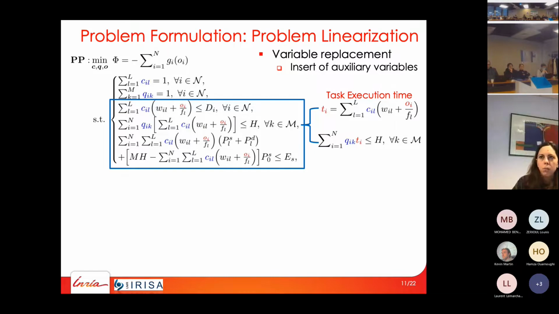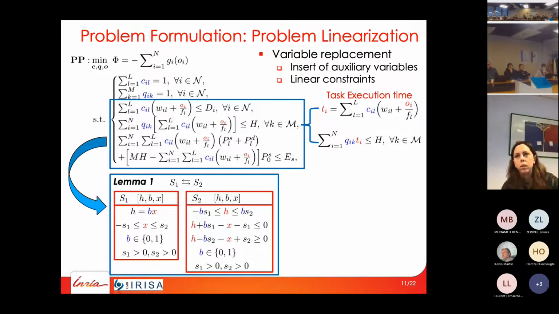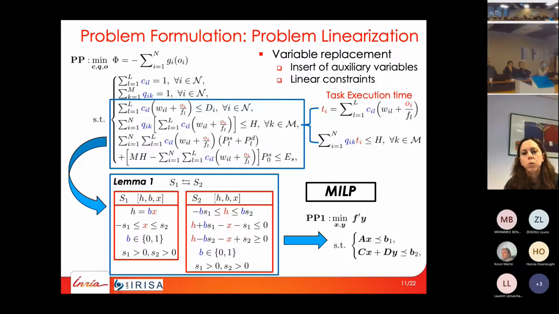So with the help of these auxiliary variables, we are creating the linear constraints following this lemma that we have shown that the transformation between the space S1 and S2 is equivalent. So based on this type of transformations, we are able to have an MILP that is equivalent to the original mixed integer non-linear program.